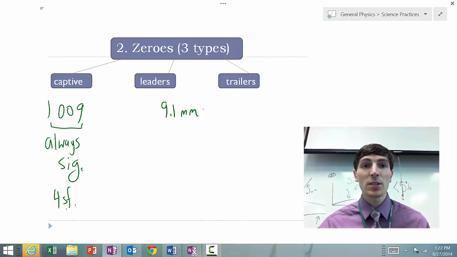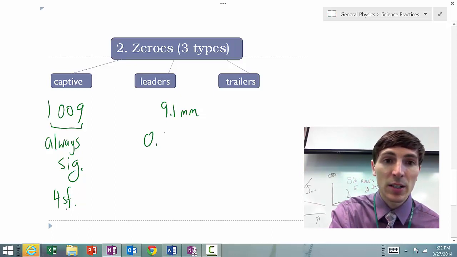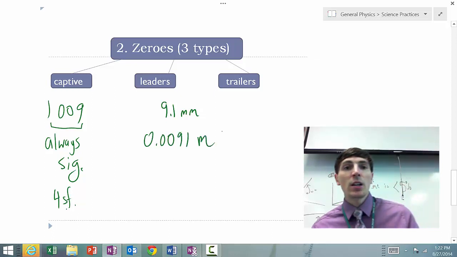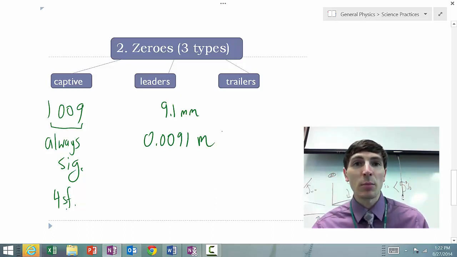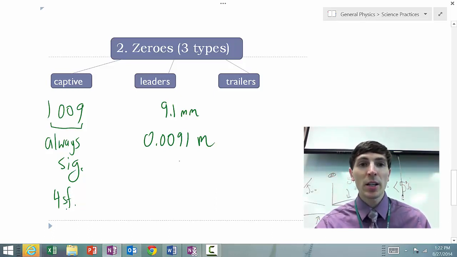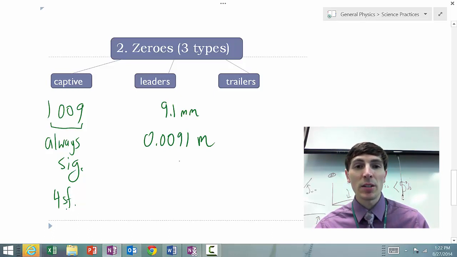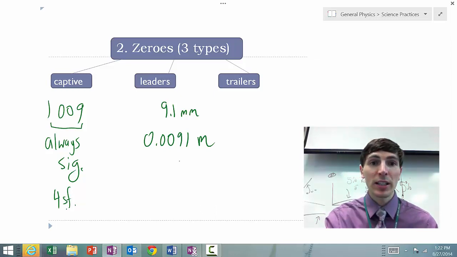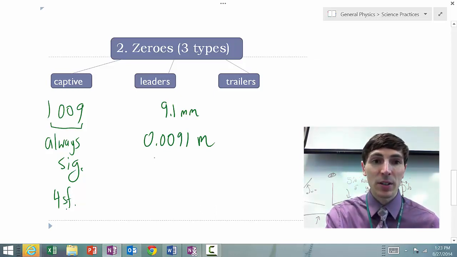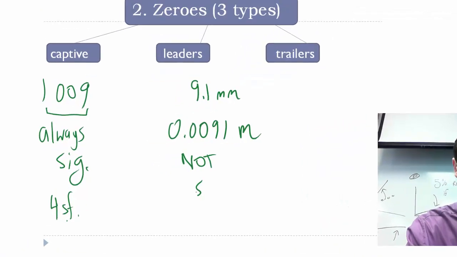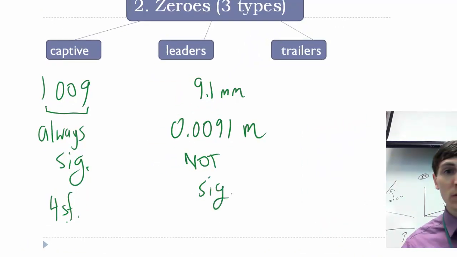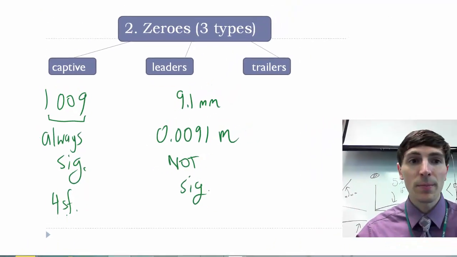However, when I convert this to meters, so let's say I divide this by 1,000 and I get 0.0091 meters, you'll notice that I only measured the 9.1. But when I look at this number here, it looks like I have all these zeros now. Well, those zeros are just placeholders to what I actually measured. So those leading zeros are not significant. I didn't measure them. They're just placeholders. So any leading zeros are never significant.